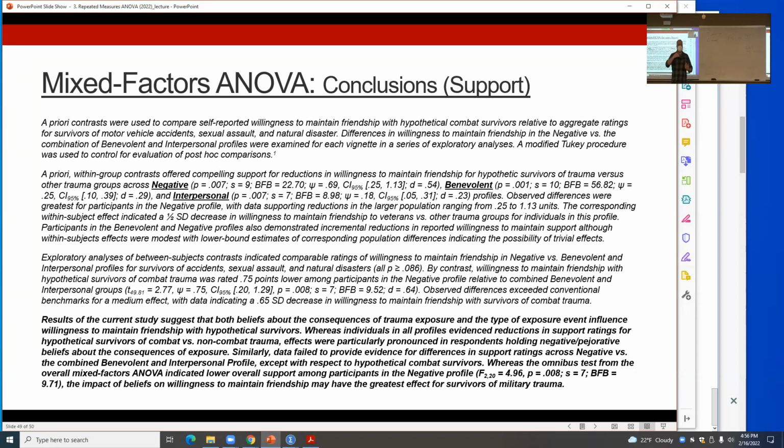Because that repeated measure effect is conditioned on the between subjects factor. If you ask me, how does this repeated measure change over time in the presence of an interaction, I can't give you a straight answer. I can say, well, on average, across everybody in the sample, this is what happened. But really, if we want to get a good idea, we have to take a look at different group membership, because that group membership is what's moderating the changes in means that we're seeing across repeated assessments. Okay. All right.